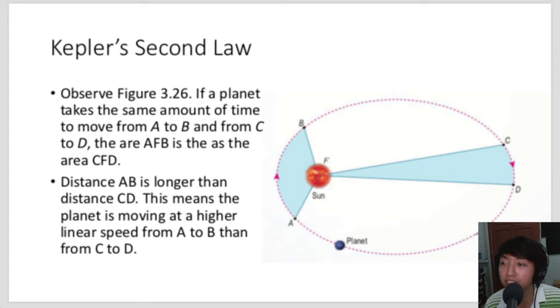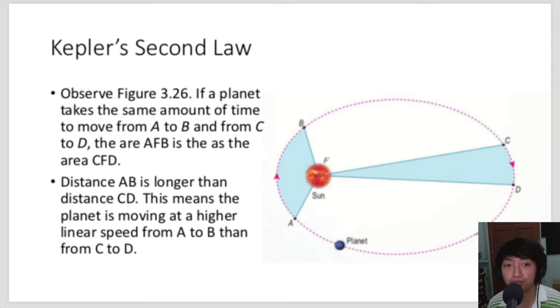The area of that part will be the same as the area of the second part. So ABF is the same area as CDF. All right? If we use the same amount of time.